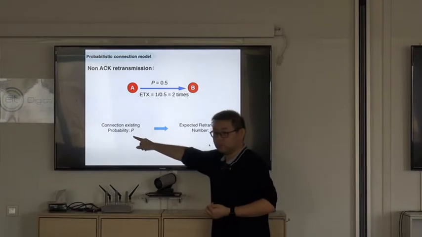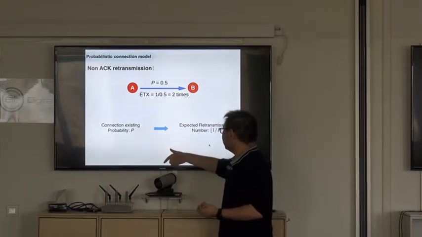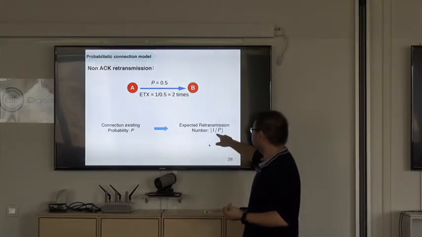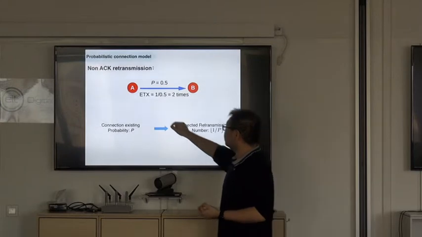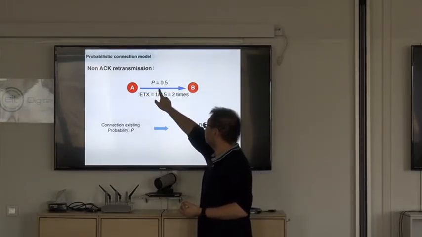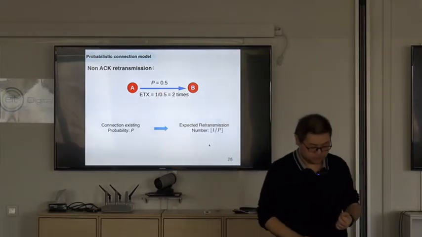The number of times depends on the link existing probability, and the number is the lambda of the probability. For example, if the link probability is 0.5, A will directly send 2 times to B.